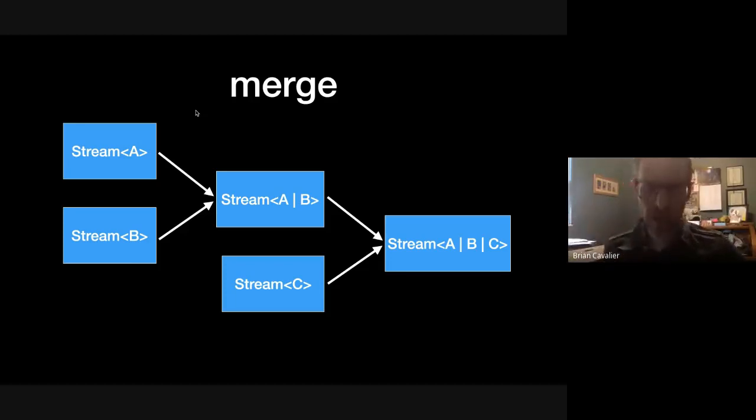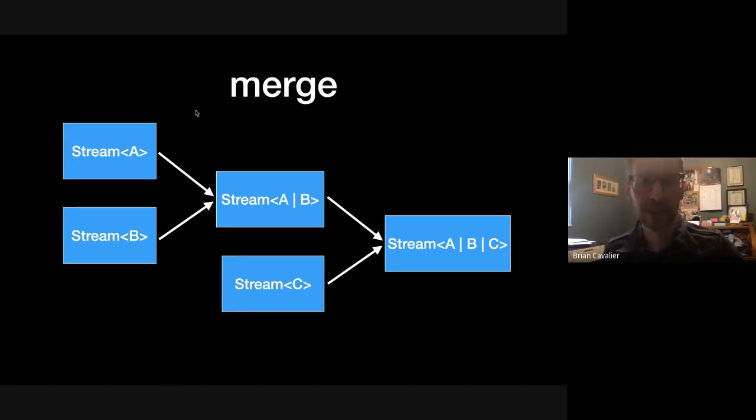Well, if you're familiar with monoids, you know that the operation for putting two things together is associative. And what that means is you can do these combinations in any order. It doesn't matter whether you combine A and B first, or B and C first.